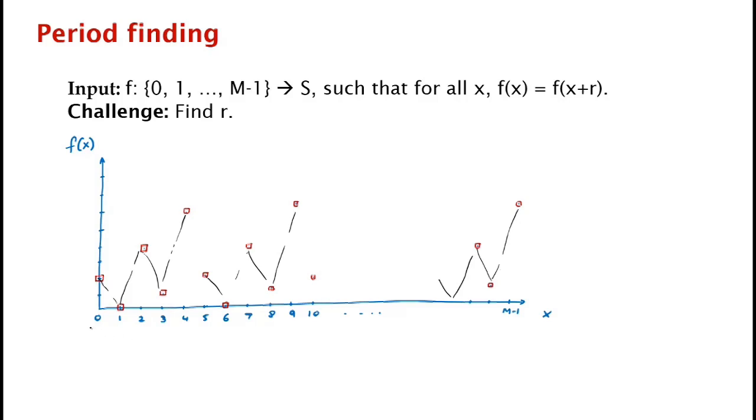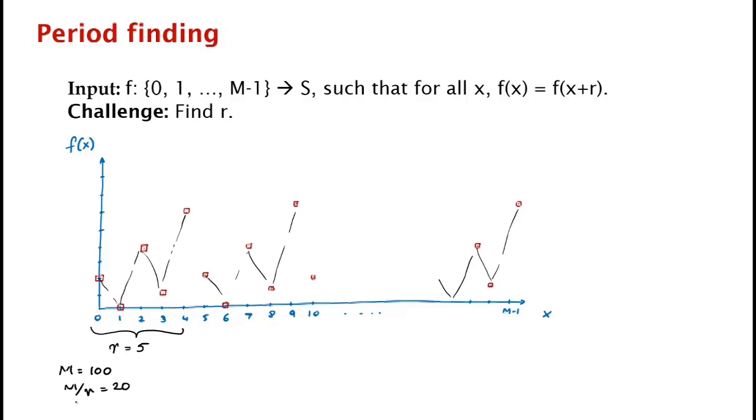So what's the period here? r equal to 5. And how many repetitions of the period are there? Think of m as 100. So the number of repetitions of this period is m divided by r, which is 20.